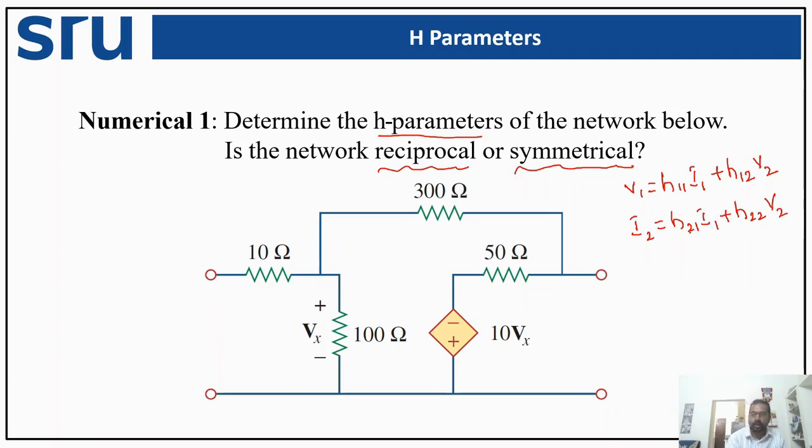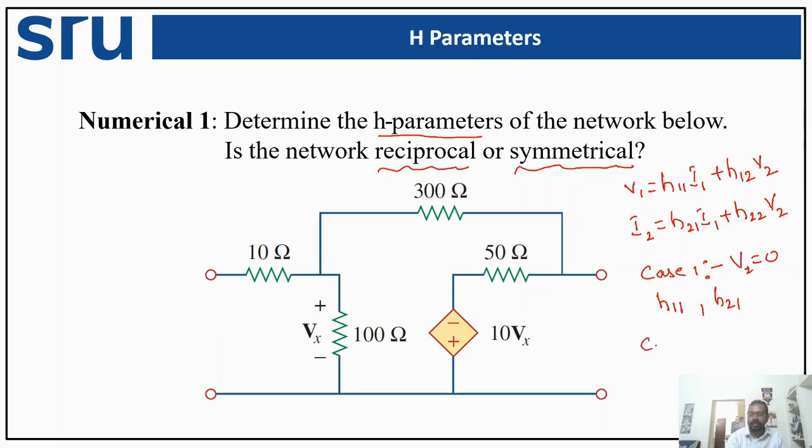What are the two case studies we are going to have? Case 1 is when we make V2 equal to 0. When we short the second port, we are going to compute two parameters, namely H11 and H21.